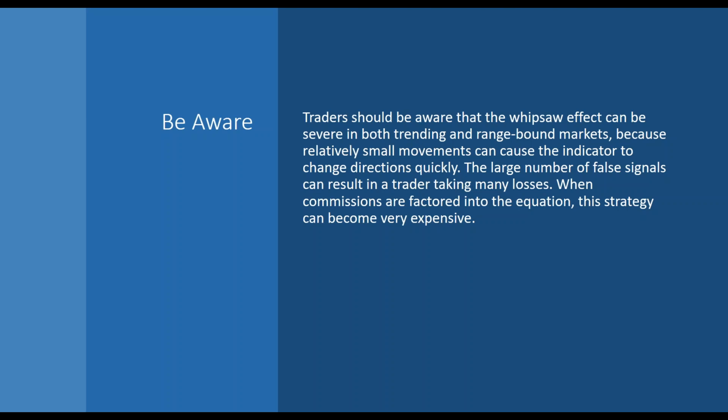So use it as a signal line to generate signals. Use it for sure as a trend reversal indicator, but combine it with other indicators and other methods to determine if that trade would reach your support, your risk-reward potential. Just because it generates a solid signal doesn't mean it will make you enough profit to stay in the markets.